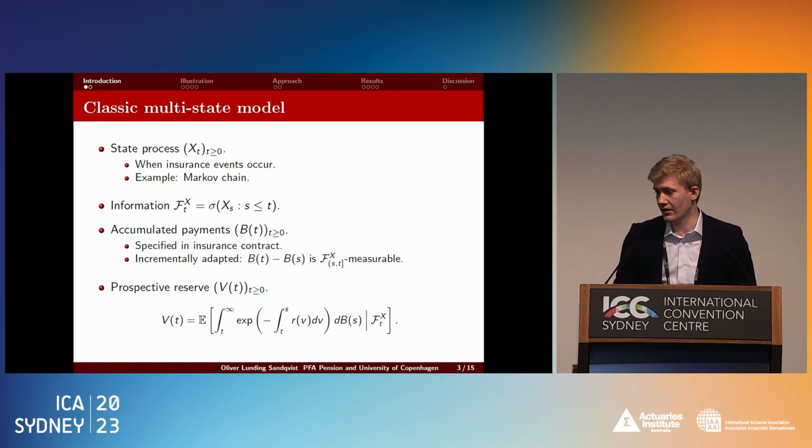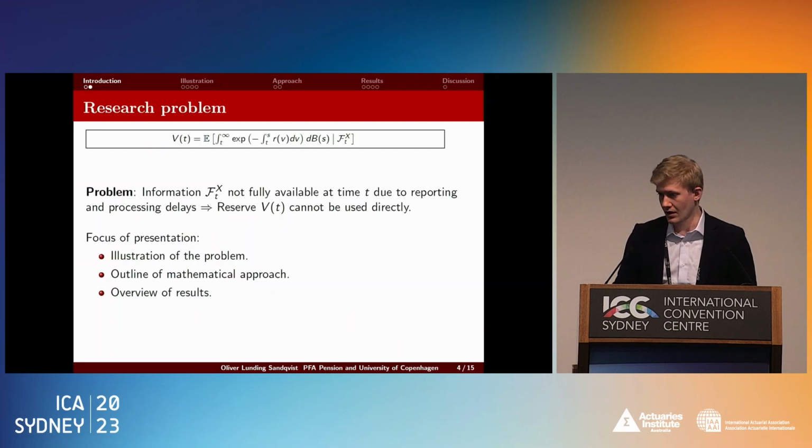And now finally, the most fundamental object in this setup is the prospective reserve, and it's defined as the expected discounted future cash flow, where you condition on the information that is generated by your state process X. So this is very well known, but what we're working on are situations where it's not reasonable to assume that you have access to this filtration.